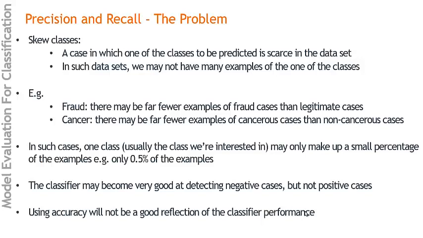And I can give an extreme example of this. Suppose you have a population where only 1% is cancerous, and you simply predict everybody as non-cancerous. Well, if you predict everybody as non-cancerous, 99% of the time you'll be right, but your classifier is useless for what you're trying to do.